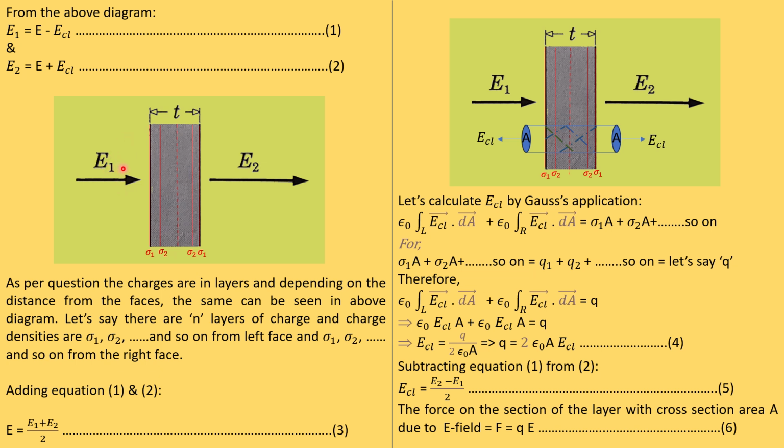If we calculate for the left side, we can get that ECl was in this direction and E was in this direction. So E1 will be E minus ECl.